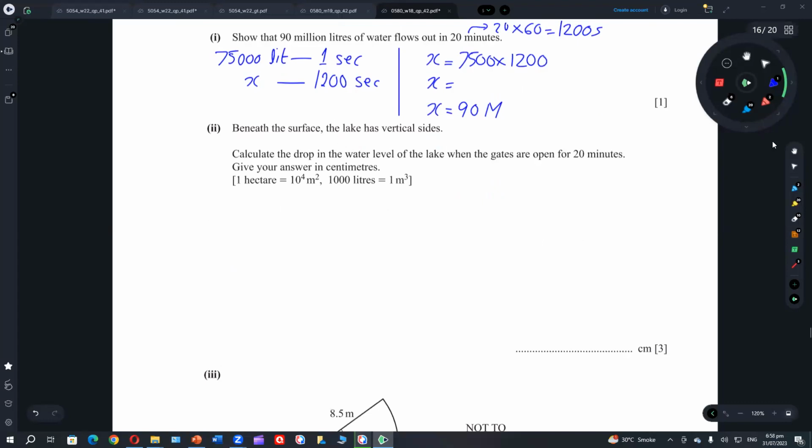And the formula is volume is equal to base area into height.